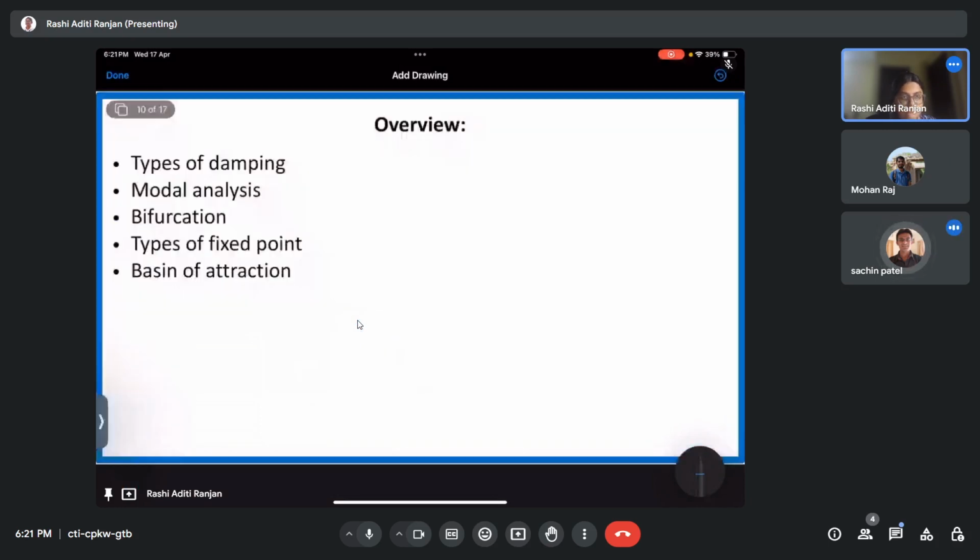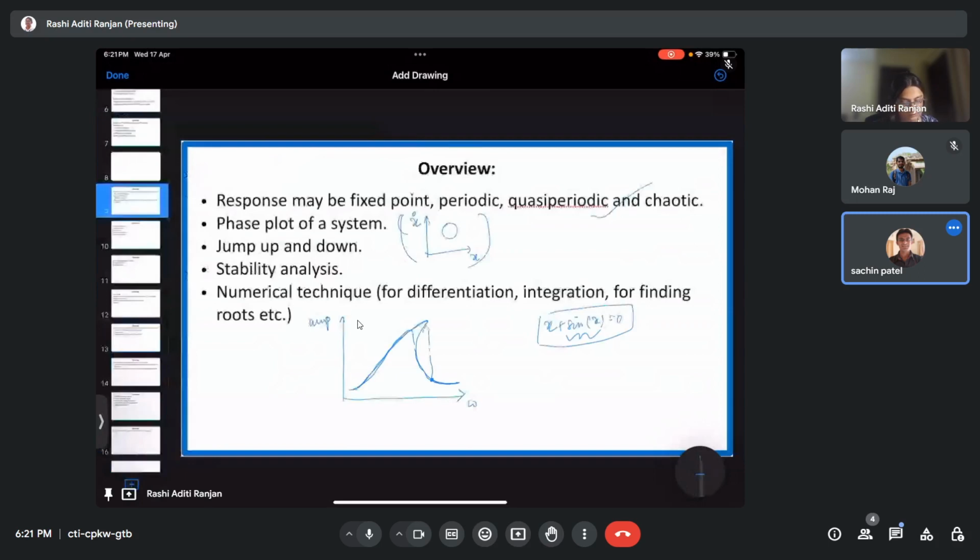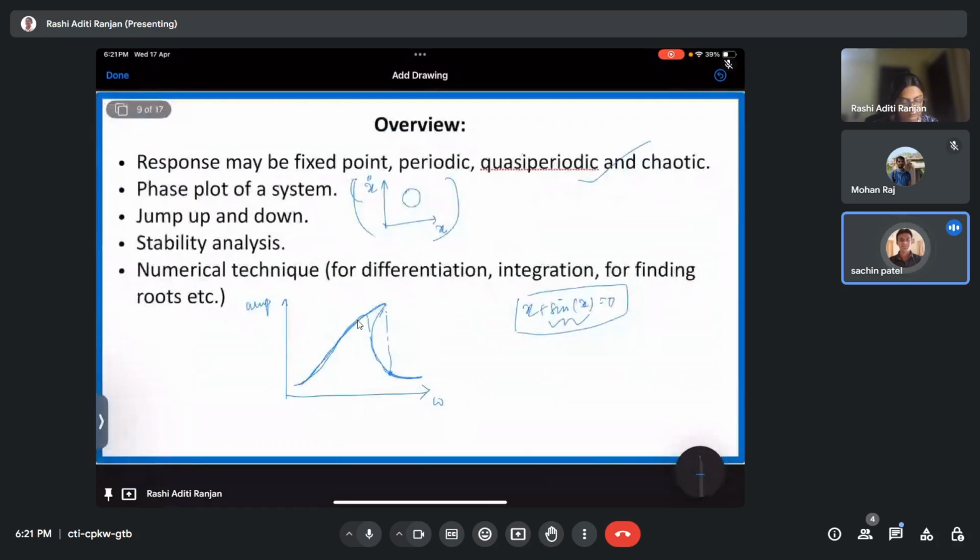Excuse me, madam. In a previous slide, in the phase plot, suppose we have two second-order differential equations, and in both of them the x and y terms are both available.